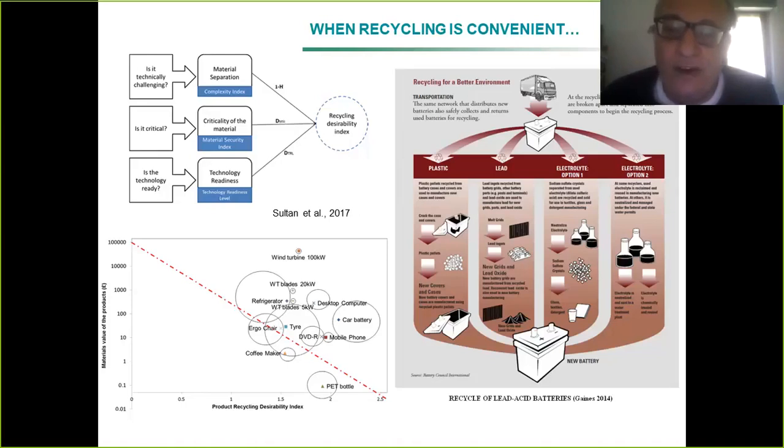In the case of these batteries for transportation, you have plastic, which is the case that contains the electrodes and electrolyte, and then you have lead and electrolytes, which in the normal case was sulfuric acid, which can be disposed of in a number of ways.